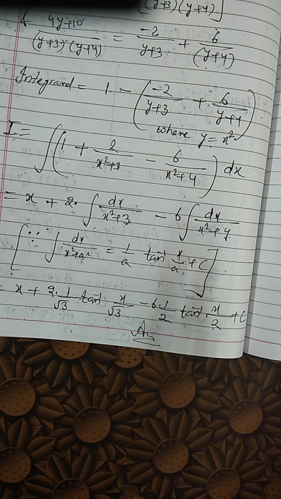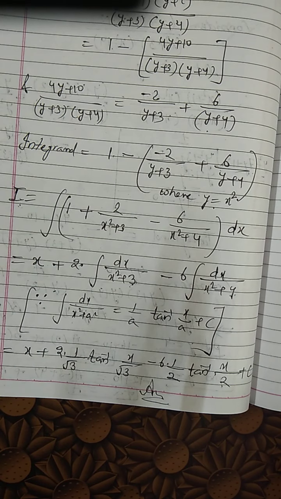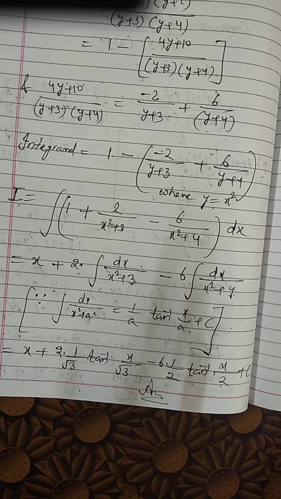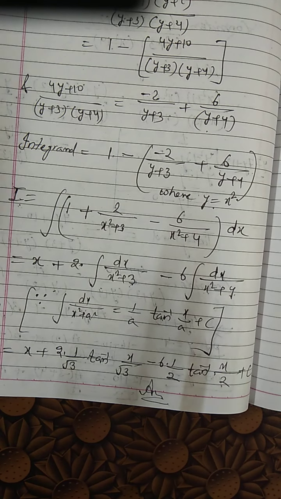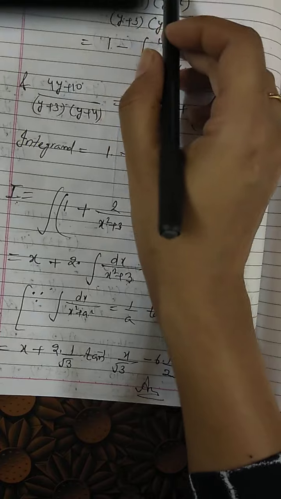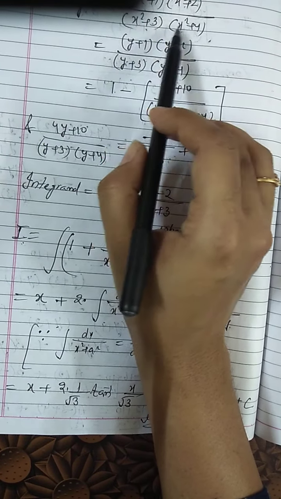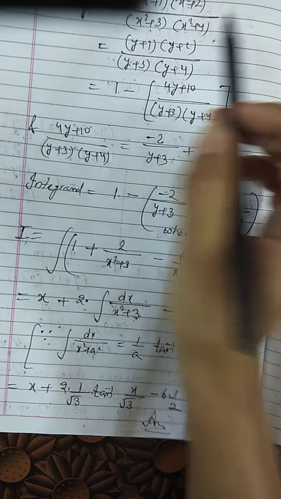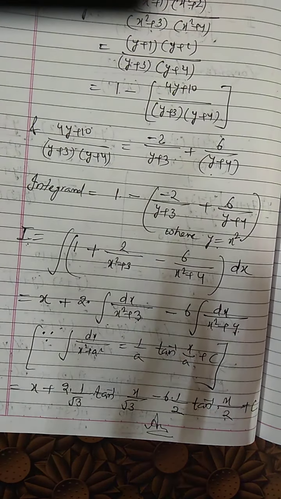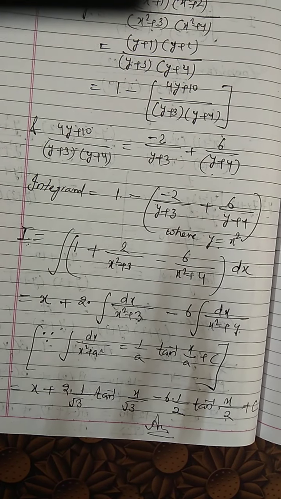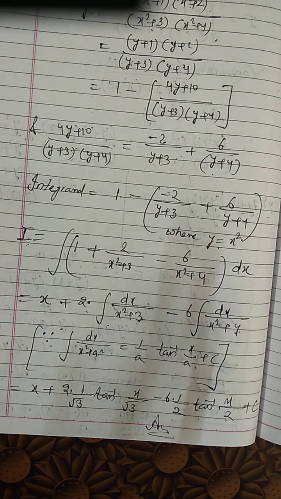Okay, now here I have changed my whole integrand in terms of y just to make the calculation part easy. If you don't want to do that, you can keep x square as such, multiply the numerator and denominator, x raised to power 4 plus 2x square plus 2 and x raised to power 4 plus 7x square plus 12, in the same way. Then convert it into a proper rational function by division as we did in terms of y, and then convert it into partial fractions.